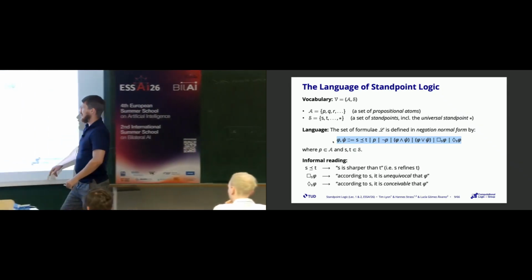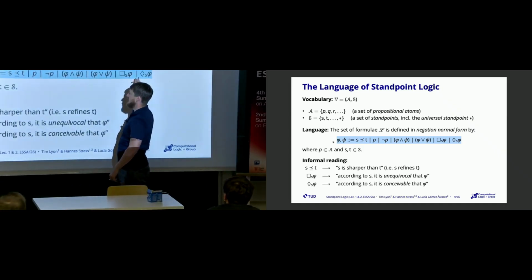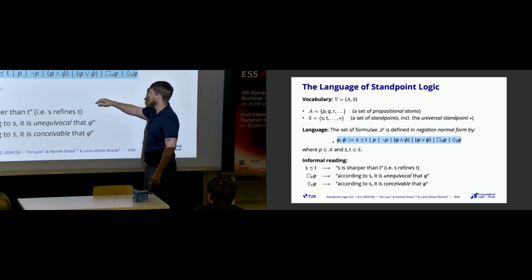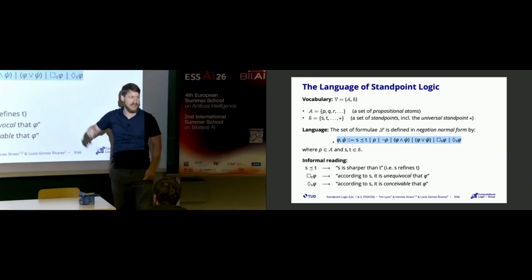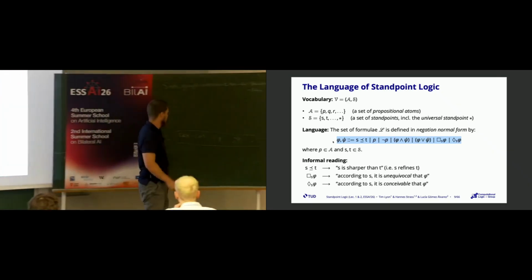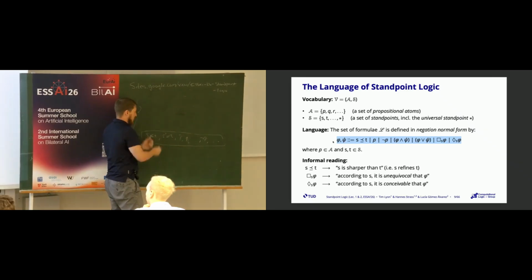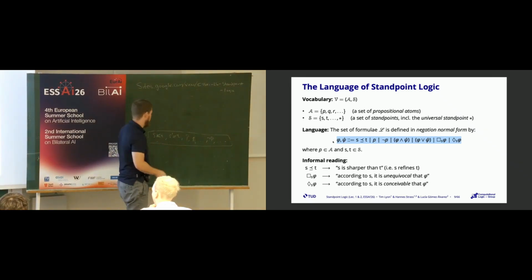Now, the next four clauses are the inductive clauses of this BNF grammar definition, which say that if I already have at my disposal two formulae, phi and psi, for example, I can form a conjunction, a disjunction, or I can tag phi with boxes or diamonds. So this is going to build a hierarchy of formulae, these four clauses, and I can form conjunctions, for example.